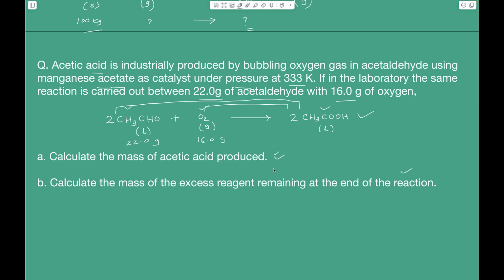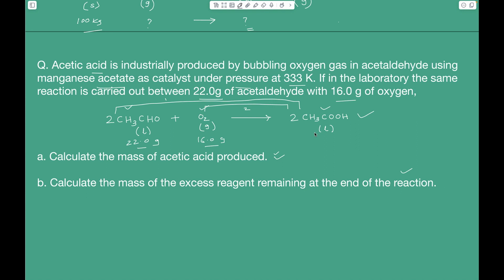Here you cannot say that I would assume that these masses of acetaldehyde and oxygen would completely combine with one another, and therefore use either of these two relationships to estimate the mass of acetic acid produced. You cannot make that assumption here.